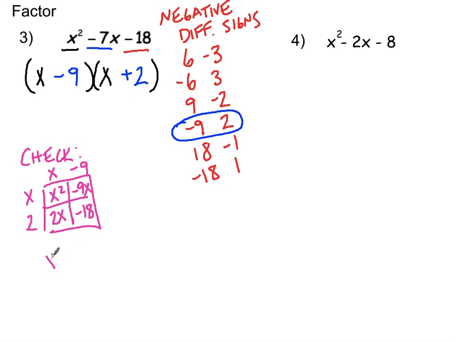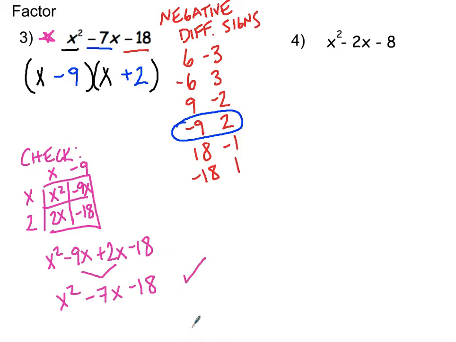And if I write all of that out, and then combine my like terms, I should get the original problem. So these two combine to make a negative 7x, and then I've got that minus 18. And yep, that is the original problem. So I know I did it right. So you can check all of your answers this way if you wanted to.